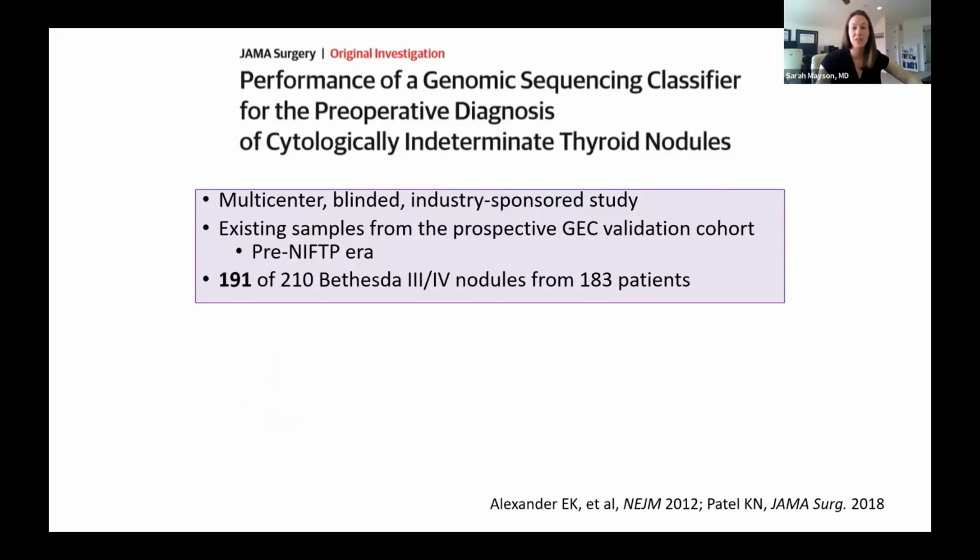And this study used samples from the prospective GEC validation cohort. An adequate sample was available for 191 of the 210 lesions from the original GEC cohort. And histopathologic diagnoses were determined during the previous GEC trial, and thus the prevalence of NIFTP was not able to be determined in this study.